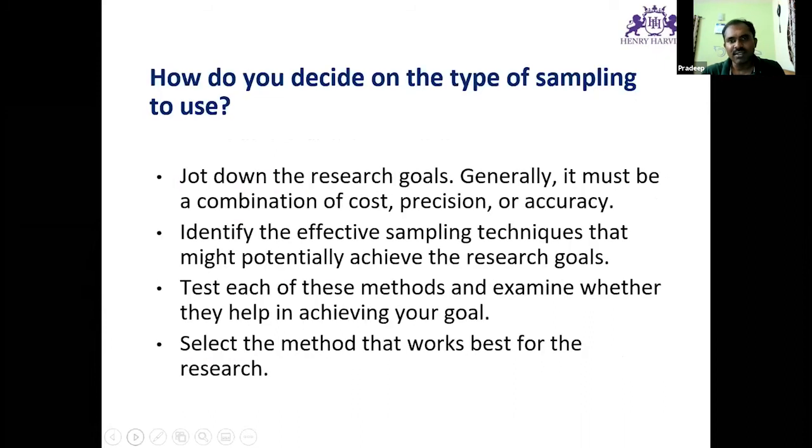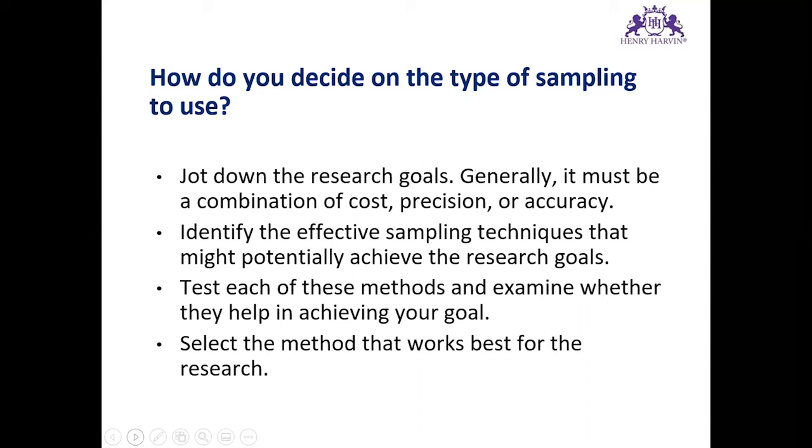So how do you design? It is basically about your research goals. Typically in every research, which sampling is better, probability or non-probability? Probability is better. The challenge is selecting the right kind of sampling method, because simple random sampling can give you very weird results.